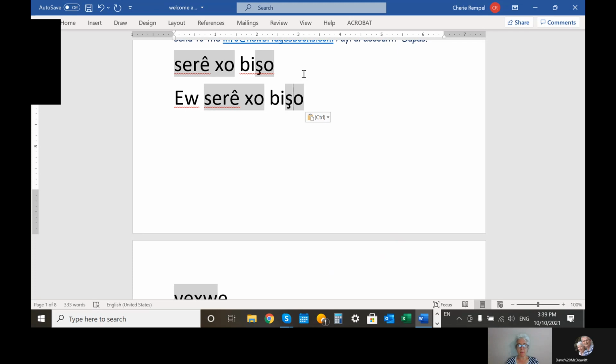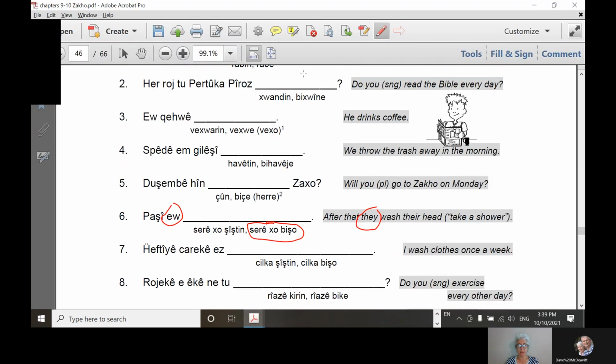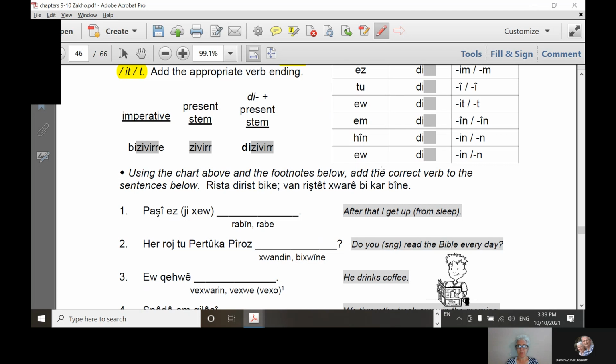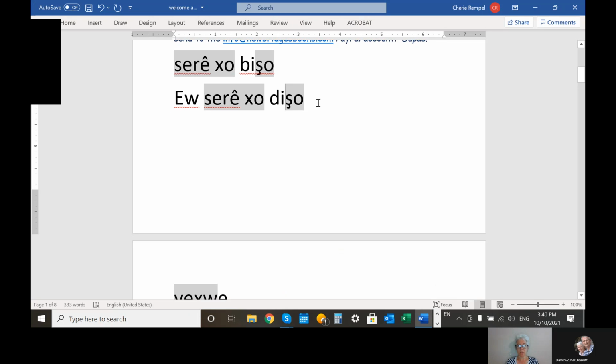Now, where am I going to put my DI? Okay, sereho, my DI is going to go right there. DI, and then my verb ending, they. So here's they. So it's either in or n, but because dishu ends in an O, I'm going to go for just the n. I don't want any extra vowels.